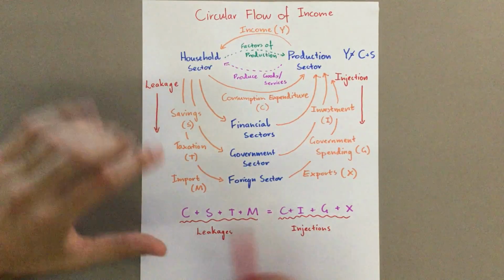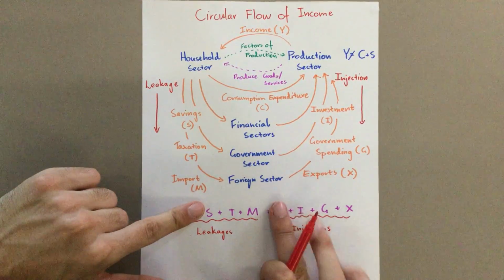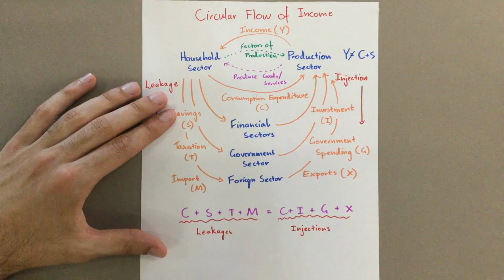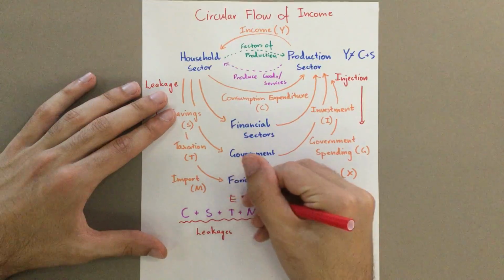Okay. You'll notice that C's on both sides. Technically, we could simplify this equation and just get rid of C, but this is how they represent what we call our equilibrium.